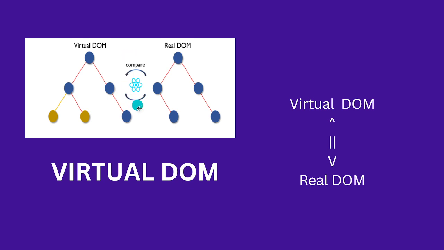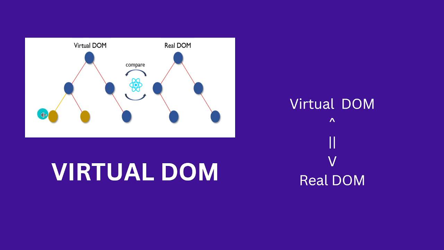So for that reason, React comes into the picture, in which, when the like button is pressed on a specific post, we can update that specific part without affecting the rest of the document object model. The rest stays as it is, and only that specific component is updated and the action is performed. That is where the virtual document object model comes into the picture.